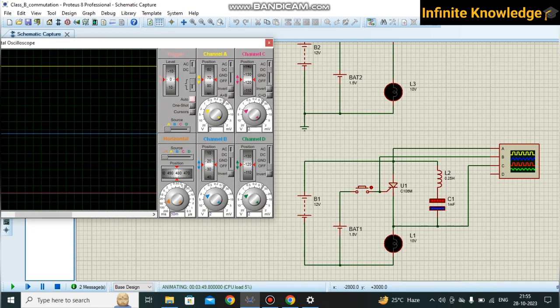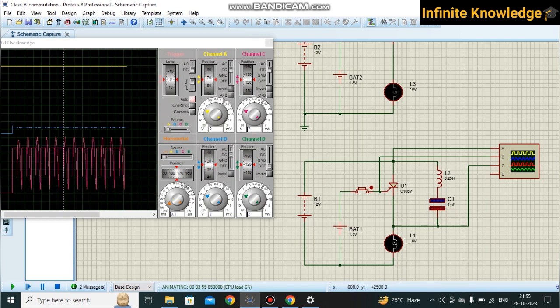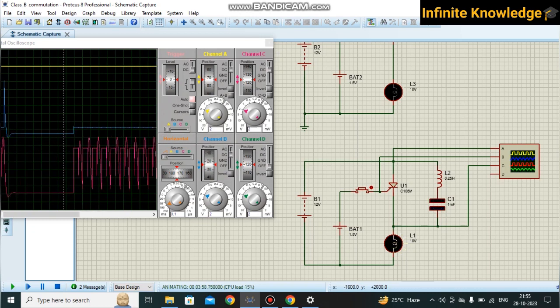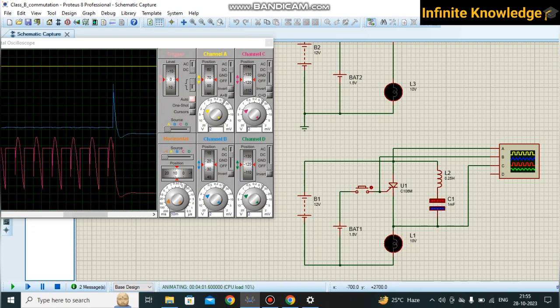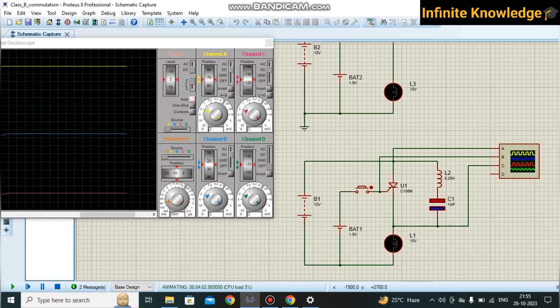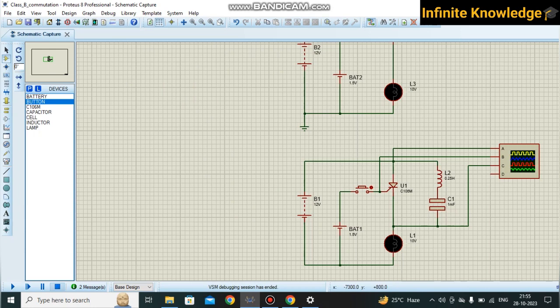If I switch on and off again, you can see very clearly that for a specific time the output is high and then it's zero. For a specific time the load current is high and then it's zero. If I press it continuously, we get a continuous output, and if I press it intermittently, I get a very small time and then it's zero. So this is how class B commutation actually works.